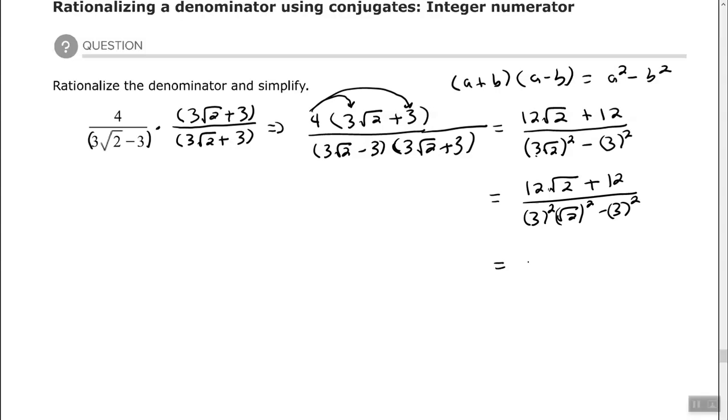Okay, so in my numerator, I have 12 times the square root of 2 plus 12. In my denominator, I have 3 squared, which is 9, the square root of 2 squared, which is just 2, minus 3 squared, which is 9.